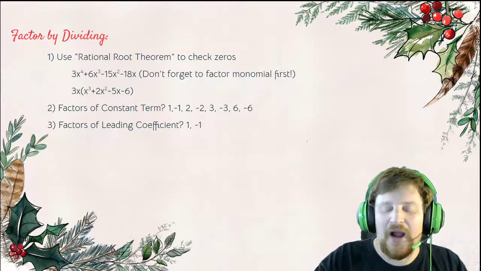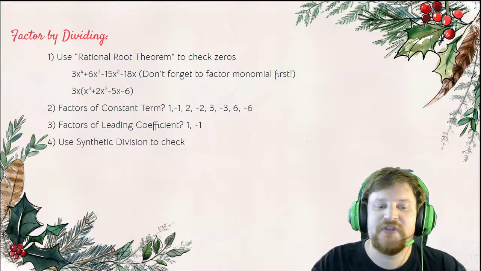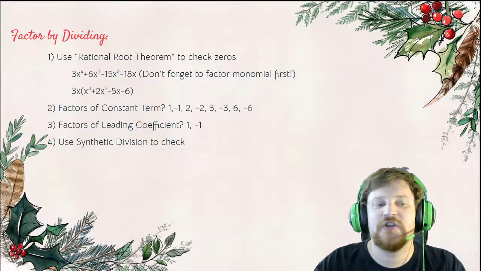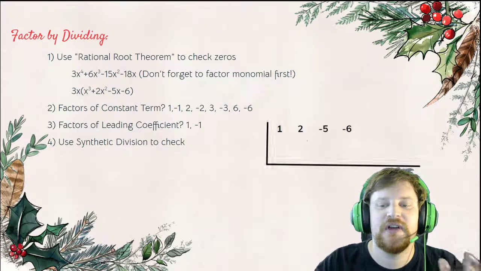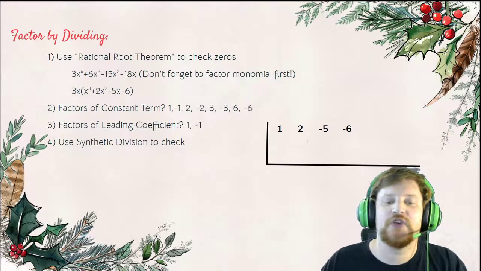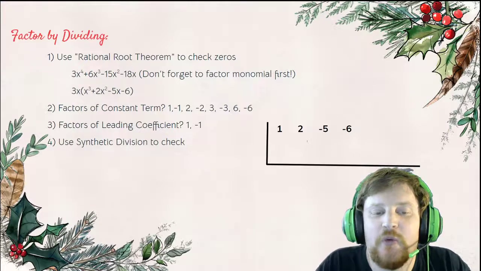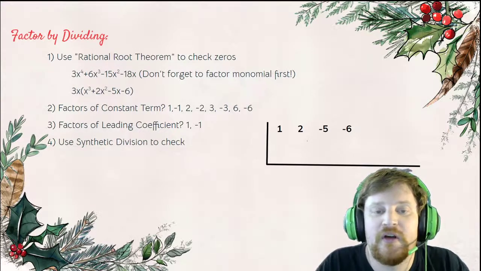What that means though is we actually have fewer things to check than it looks like. So what I like to do is start at the small end and use synthetic division to check. So using synthetic division, the coefficients of our polynomial are 1, 2, negative 5, and negative 6. And we have to decide which one of these possible ones we want to start with.